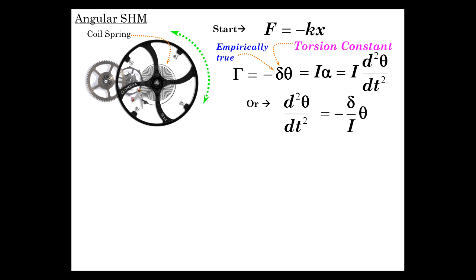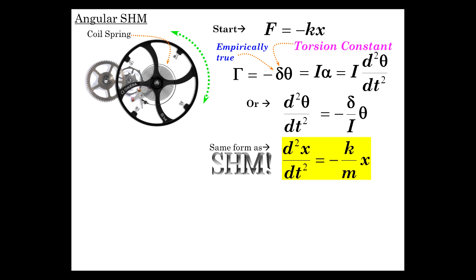Now look at how that is such a wonderful analogy. d squared x dt squared is minus k over m x. Look at the relationship of the structure of this equation. Hey, if it's got the right form, let's call a spade a spade, or should I say SHM, SHM. Well, actually, I think we should say SHM, because that's exactly what it is.